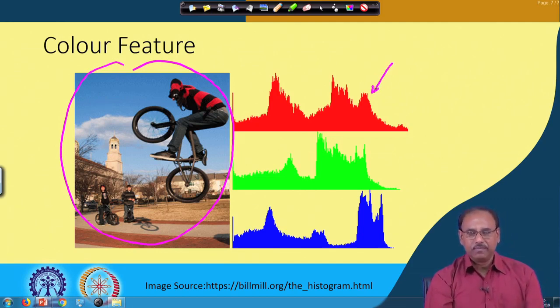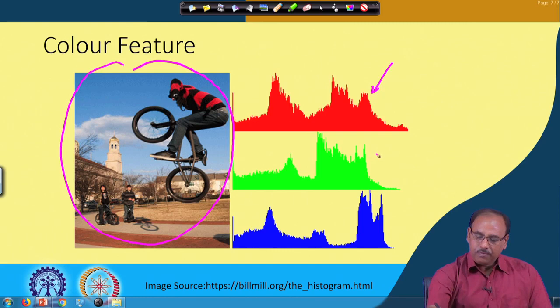This tells you the distribution of the strength of the red color component within this image. This is the histogram of the green component, which tells the distribution of the strength of the green component within this color image. Similarly, the third one gives you the distribution of the strength of the blue component within the given image.